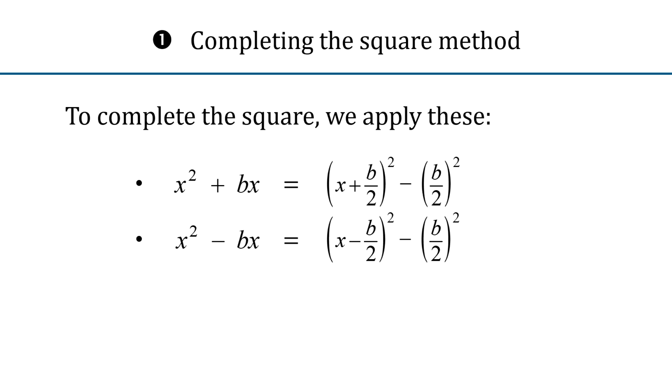To complete the square, it is good to memorize these two formulas. I will think of them as always being the difference of two squares. Whether it is x squared plus bx or x squared minus bx, I can always write them as the difference of two squares.